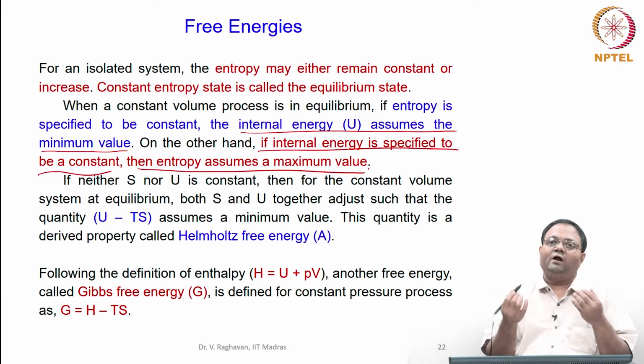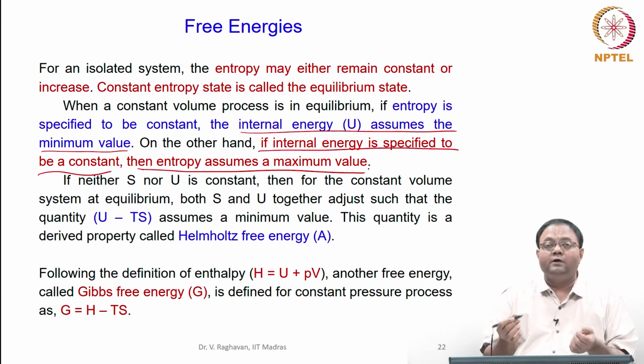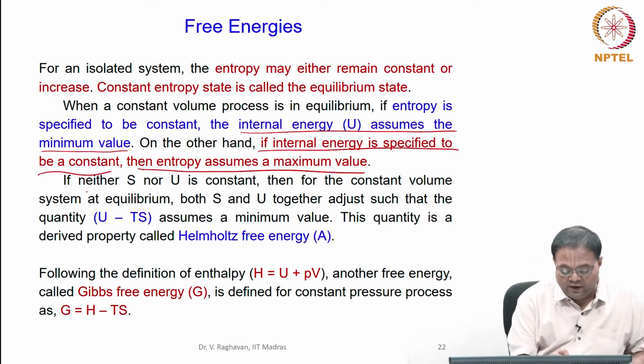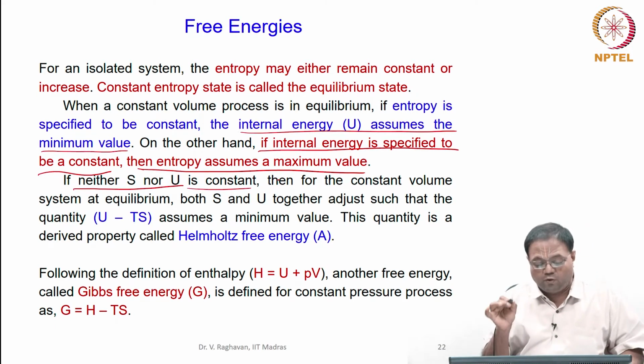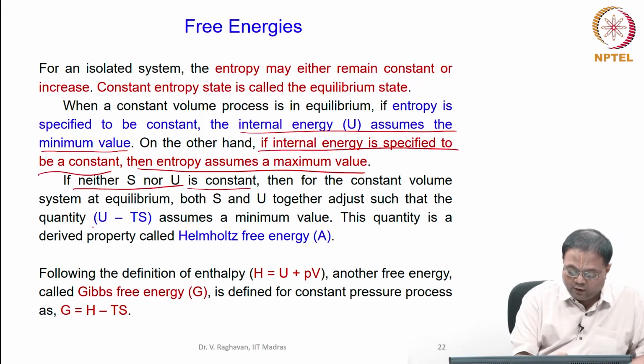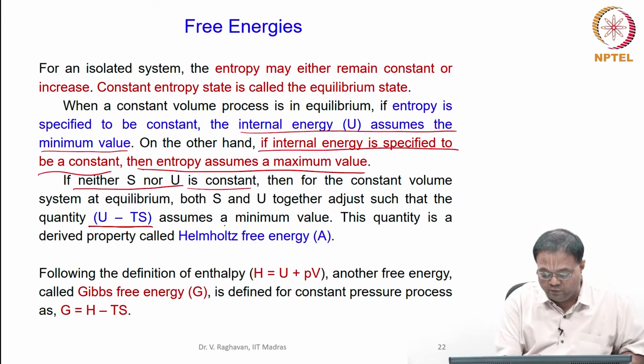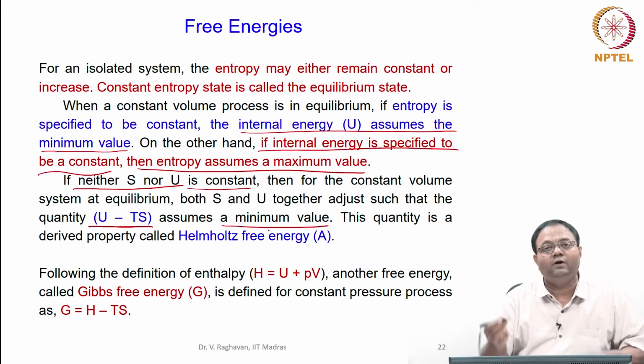But we cannot say internal energy is constant; it is not possible for us to make internal energy constant. In fact, it will not be. So if neither S nor U is constant, then what happens? Then a quantity called U minus Ts will assume a minimum value. Please understand, it is not a maximum value, it becomes a minimum value.